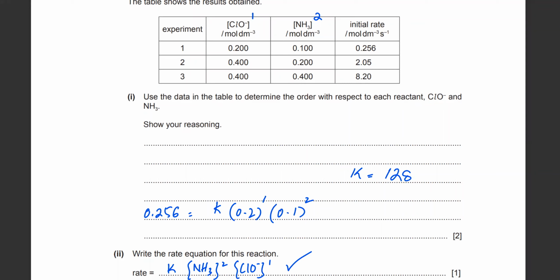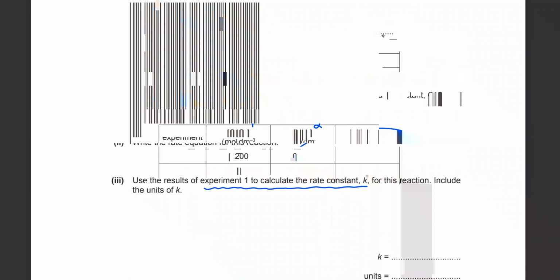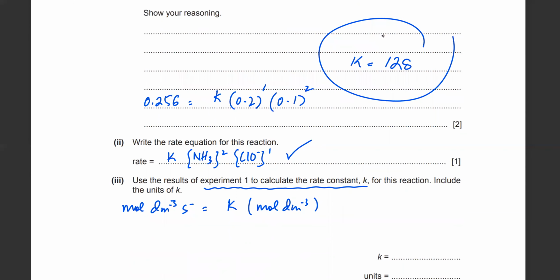The other thing they're going to ask you about is the units for k. You figure out the value of k, so what are the units for k? The rate unit is quoted over here: mole per dm cube per second. So rate is mole per dm cube per second, k is unknown, NH3 concentration is mole per dm cube and that's squared, and ClO minus 1 concentration is mole per dm cube to the power 1.